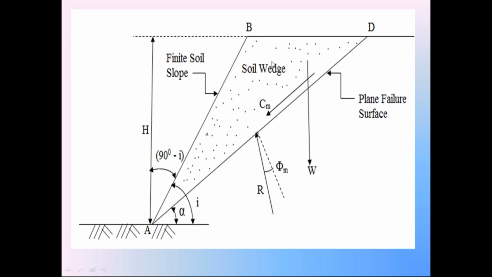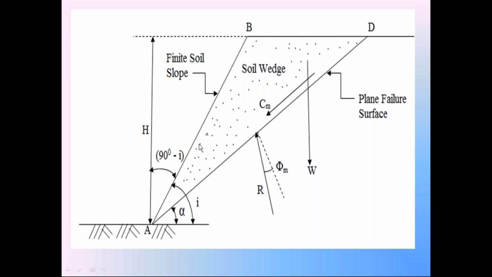In Kalman's method, first we are going to find out the weight W of that soil wedge between the soil slope AB and the failure surface AD. This ABD is a triangle.